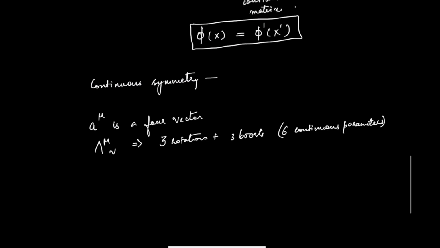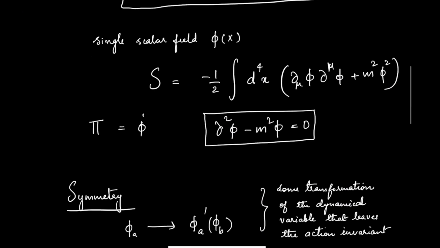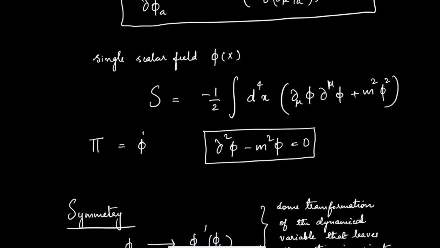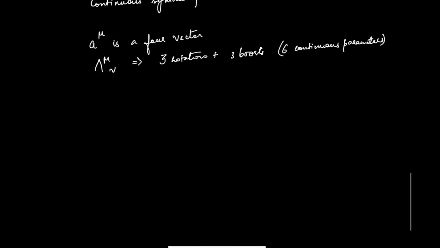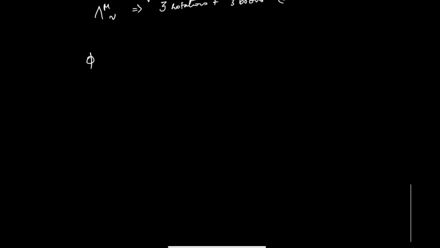But if you see the action here, it has other symmetries that are not continuous. For example, if you transform phi to minus phi, then again the action is invariant. Similarly, parity: if you transform x to minus x, then again the action is invariant.